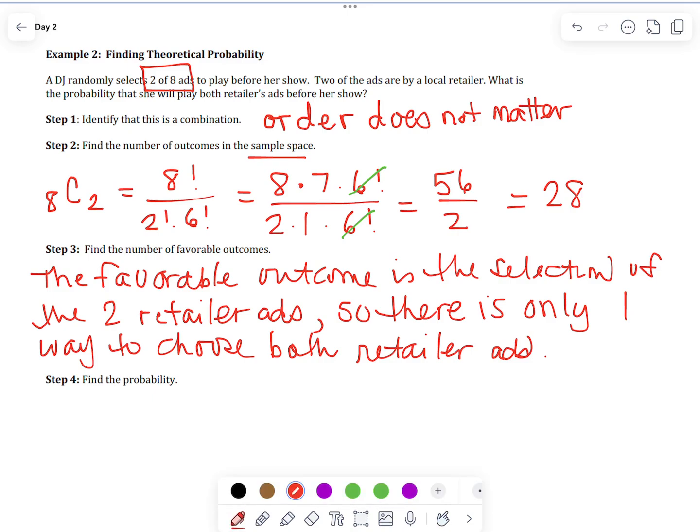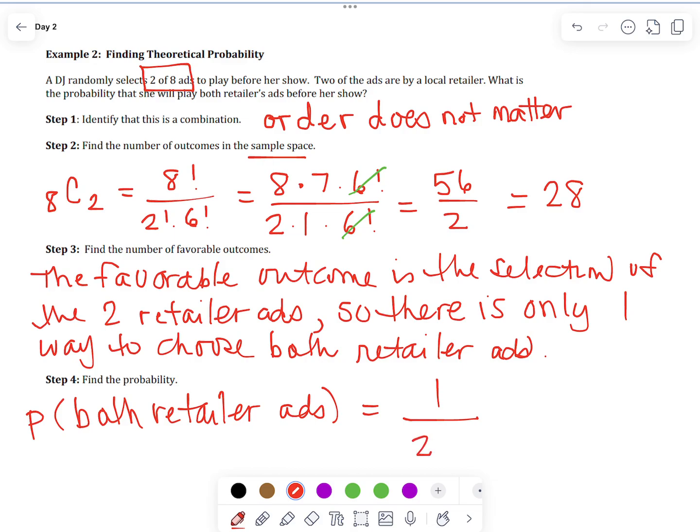So the probability of both retailer ads is the number of favorable outcomes, 1, out of the sample space of 28.